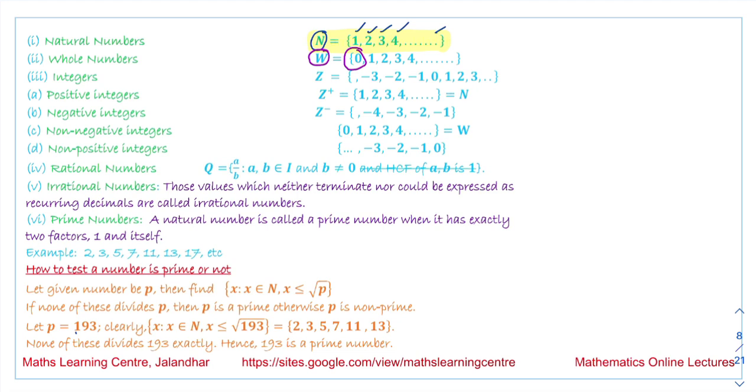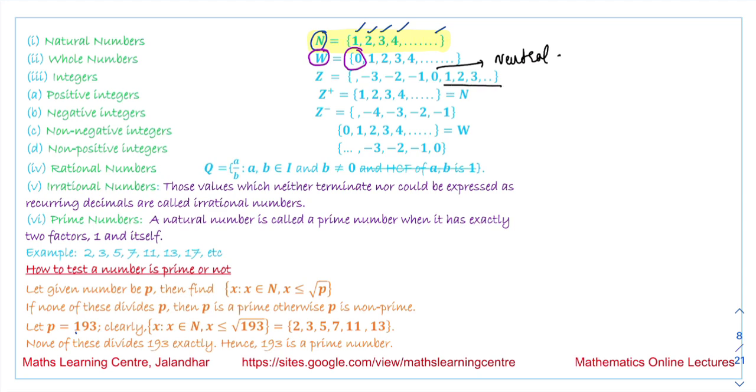For details about all these numbers, you can refer to our previous videos, particularly class 9th chapter 1, where we have given the details of all these numbers. Next we have the set of integers. Integers means all the positive and negative numbers and the 0. We say 0 is called the neutral element or neutral number.